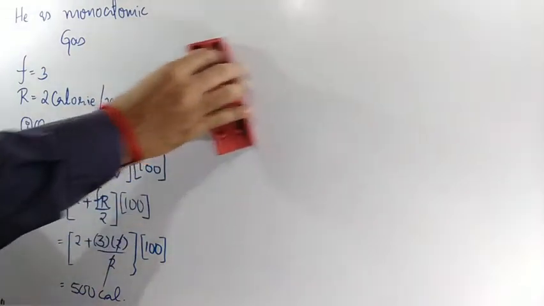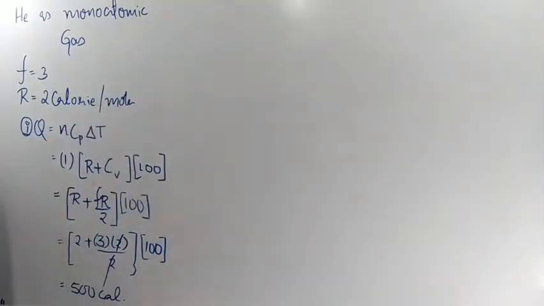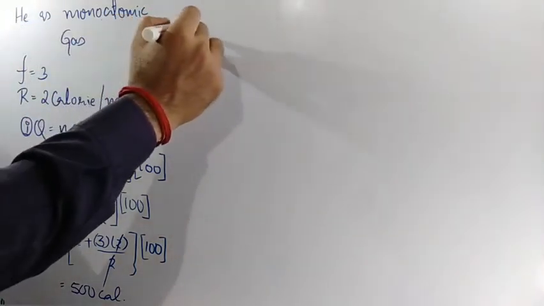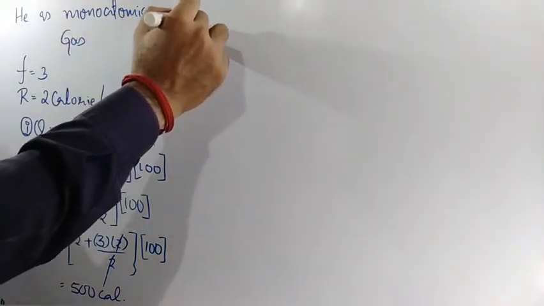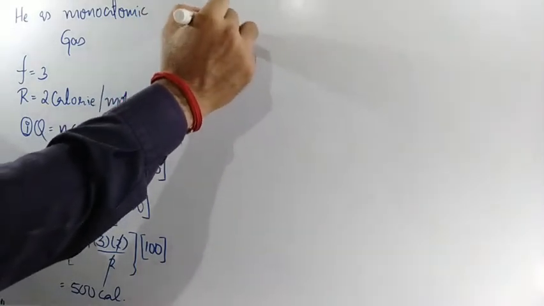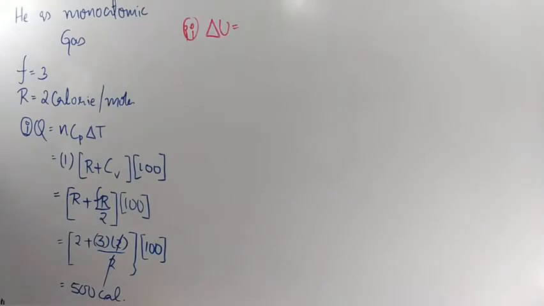Our next step is to determine delta U now. Delta U means change in internal energy. In the previous class we had discussed this. Now the second one: what is the formula for change in internal energy? Already we had discussed this part.